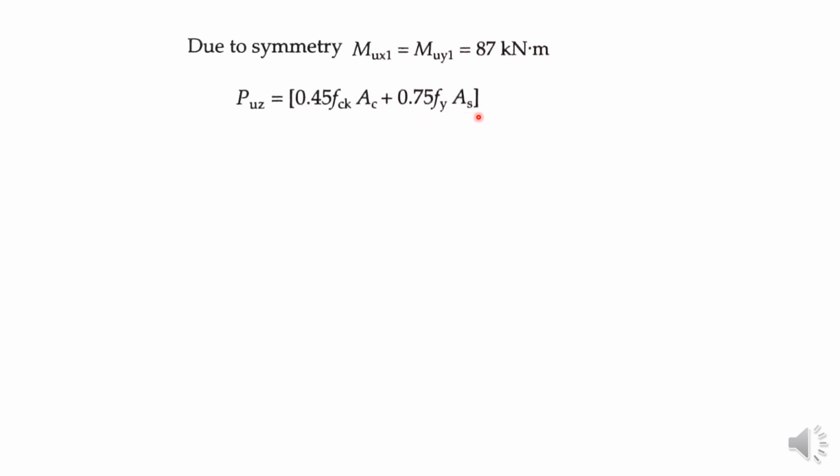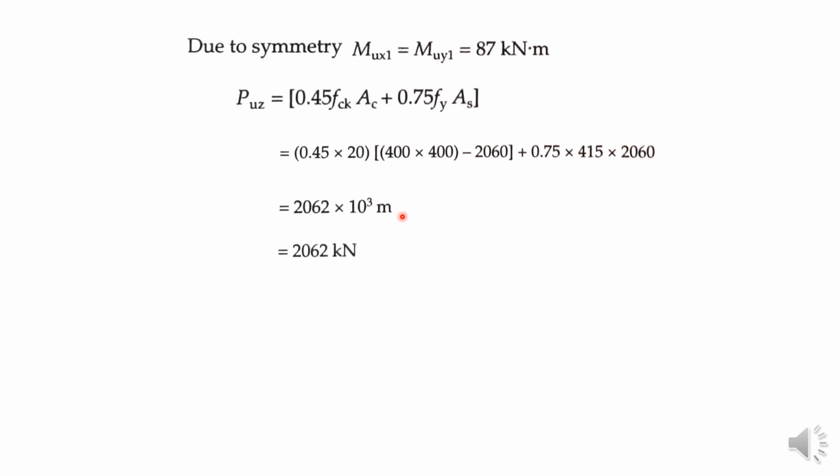This is the value of Puz. Substituting all the values, finally we get Puz equal to 2062 kilonewton. Then Pu by Puz, as given in clause 39.6, we find to be 0.72.